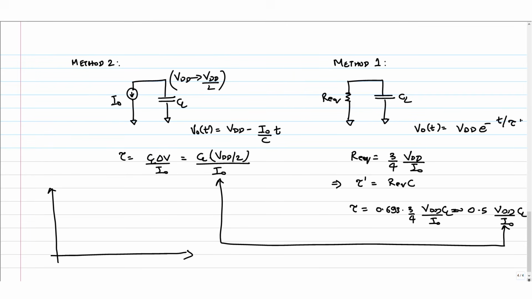So the two models actually follow different equations with respect to time, but this one is more accurate. Okay, so if you look at V naught of t versus t, you have a straight line like this for method 2. Method 1 is going to look like this.